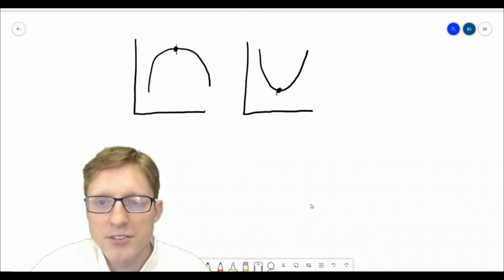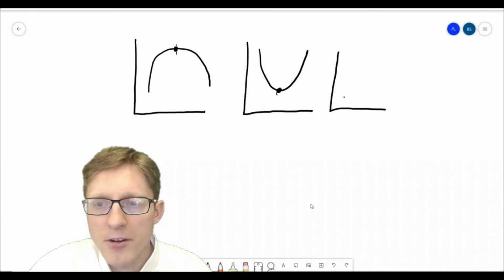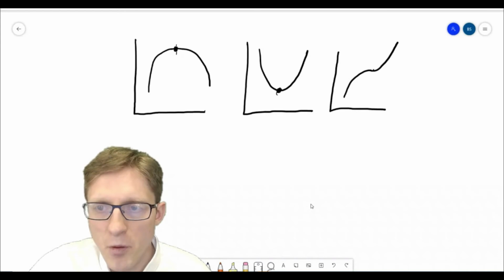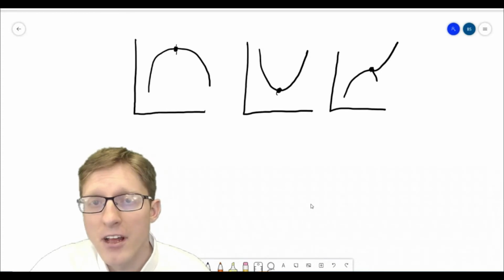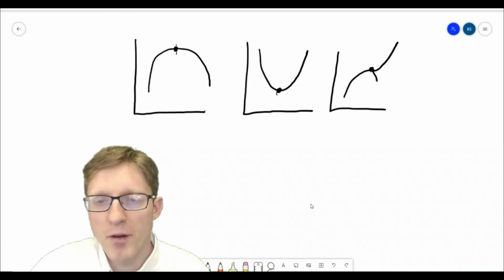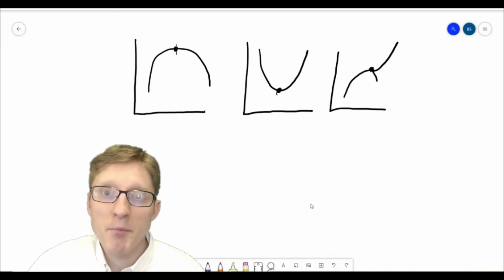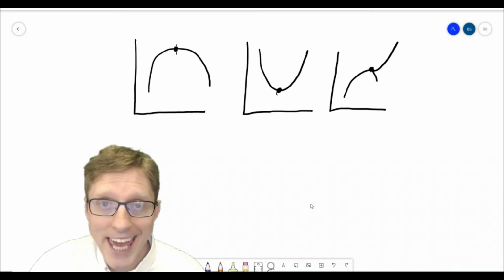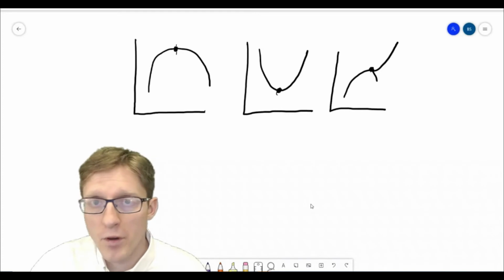This function is globally convex, sort of U-shaped. And there's a third type of function which has what's called an inflection point, where the slope is equal to 0 at this point, but that point is neither the maximum nor the minimum of that function. This illustrates how we might find out whether our candidate solution, where the slope is 0, is a maximum, a minimum, or neither.